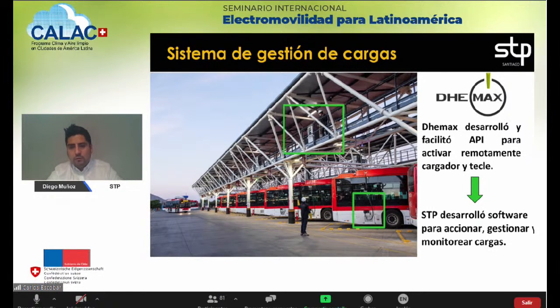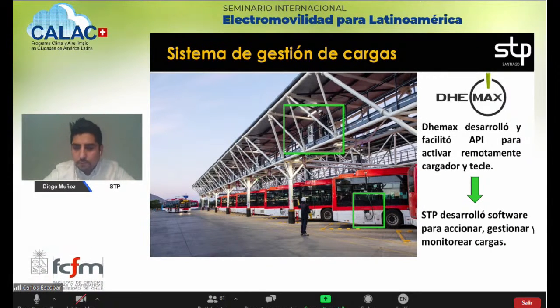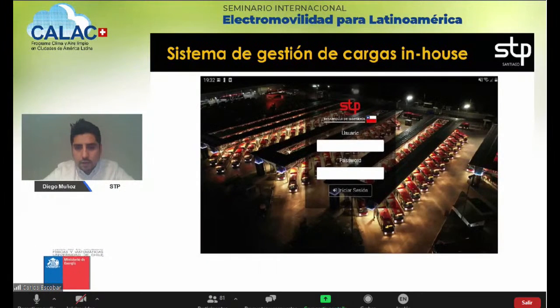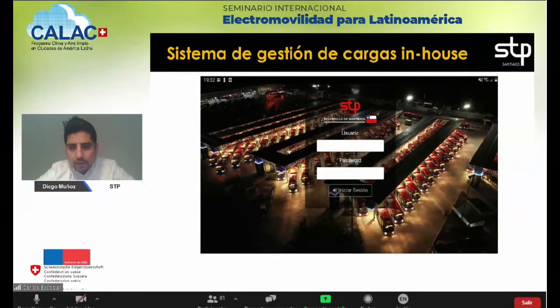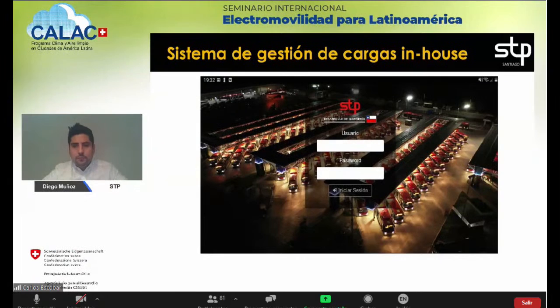DMAX provided an app to facilitate the chargers, and CDP used the software to develop, manage and monitor the loads. It's very important to make the use of the terminal very efficient in terms of height, because as I said before, it's a unique one in the world. It's a single type. And this is what the web app looks like, and also on a mobile device.